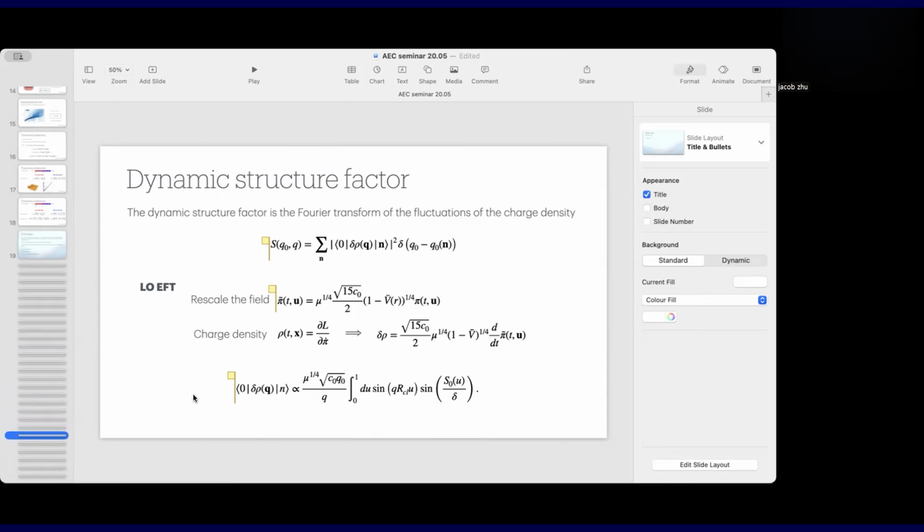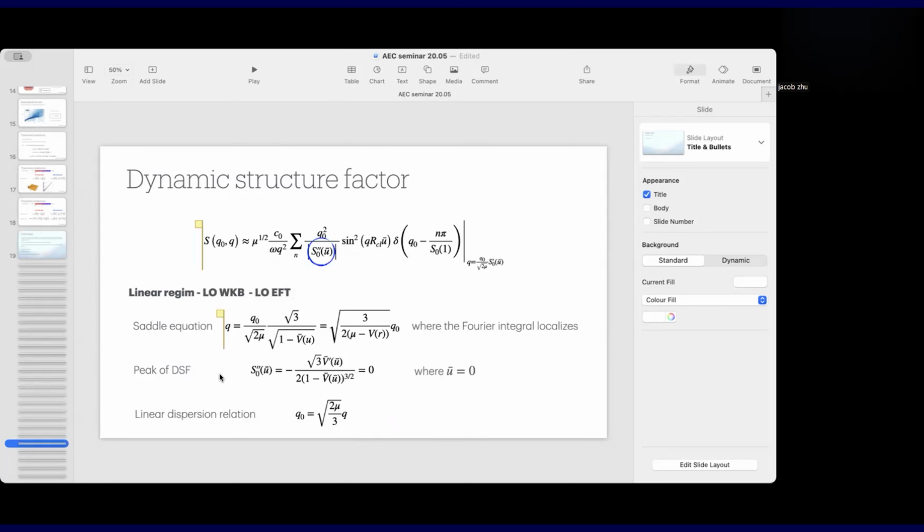And we're really interested in where it peaks. So we don't really care about the details. We want to know along which curve it peaks. And this is determined by where this guy is 0. And so we can solve, right? So that's going to define exactly the curve along which it peaks.